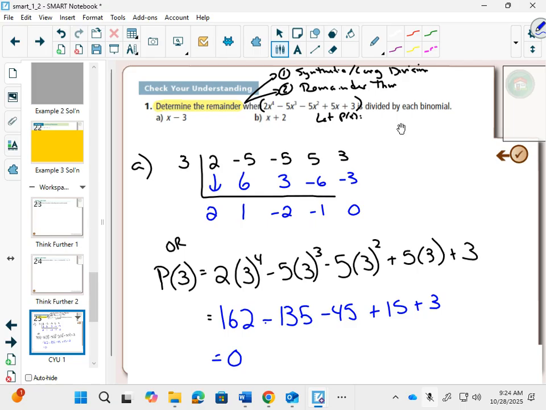Generally speaking, I like synthetic division except when the number's like x plus 1 or x minus 1. When it's a 1, plugging it in is really easy. 2 isn't bad. 3 was already like, ooh, 162. Anything bigger than 3 really gets big really quick with powers.